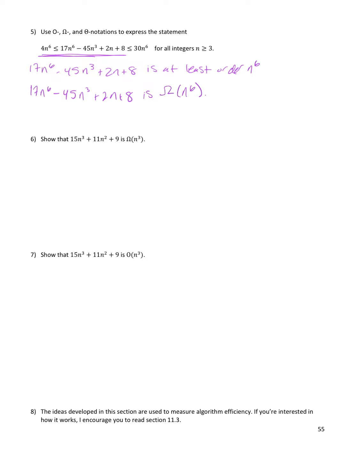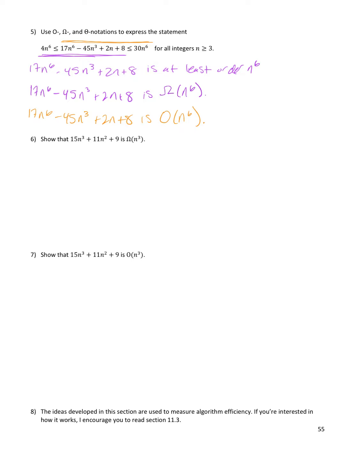Okay. And then if I look at the other inequality, this part, 17n to the sixth minus 45n cubed plus 2n plus 8, it's smaller than or equal to a multiple of n to the sixth. So that means it is big O of n to the sixth. And since the polynomial is both big omega and big O of n to the sixth, that means it is theta of n to the sixth. It is of the order of n to the sixth.